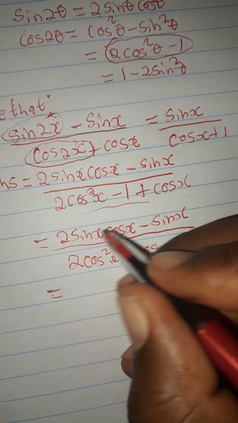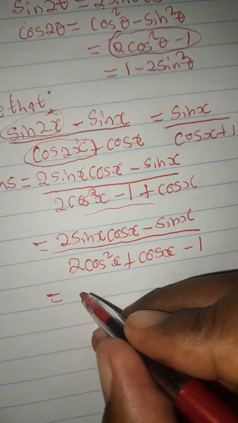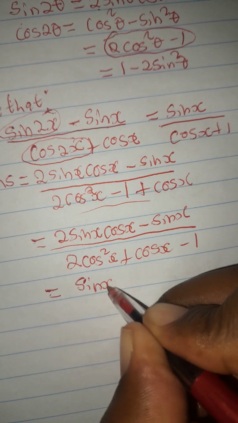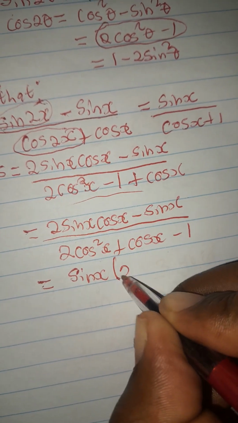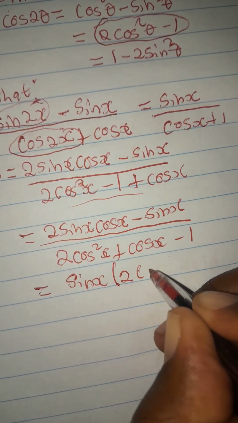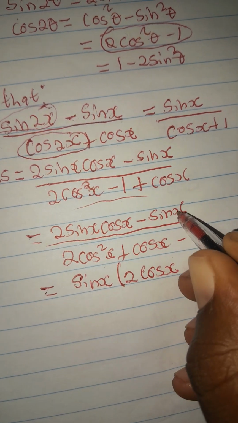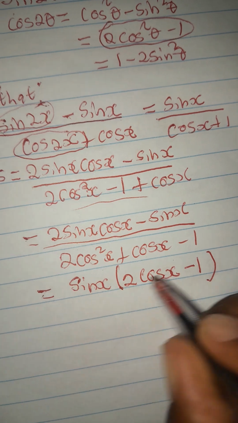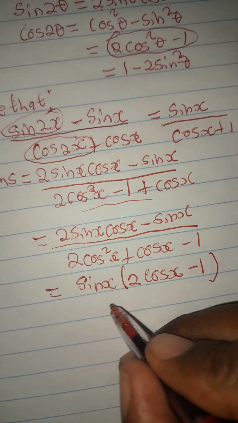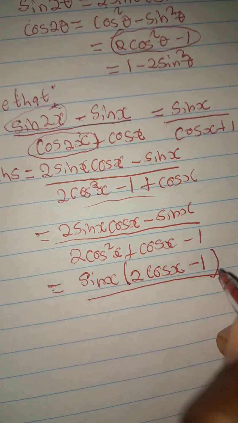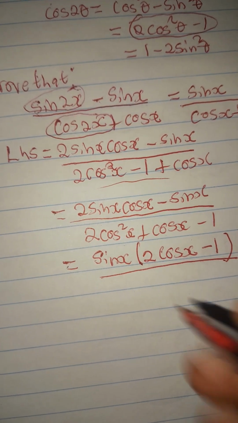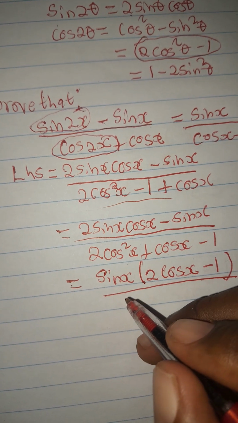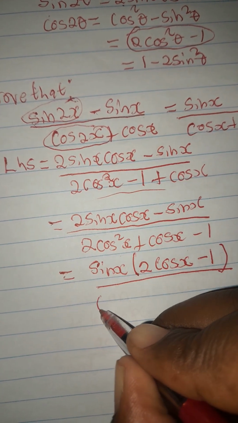Look for a highest common factor after this step. The highest common factor is going to be sine x. What are we left with? We're left with 2 cos x minus 1, because sine x multiplied by negative 1 will be negative sine x. Divided by, since the denominator is a trinomial, what will be the factors?